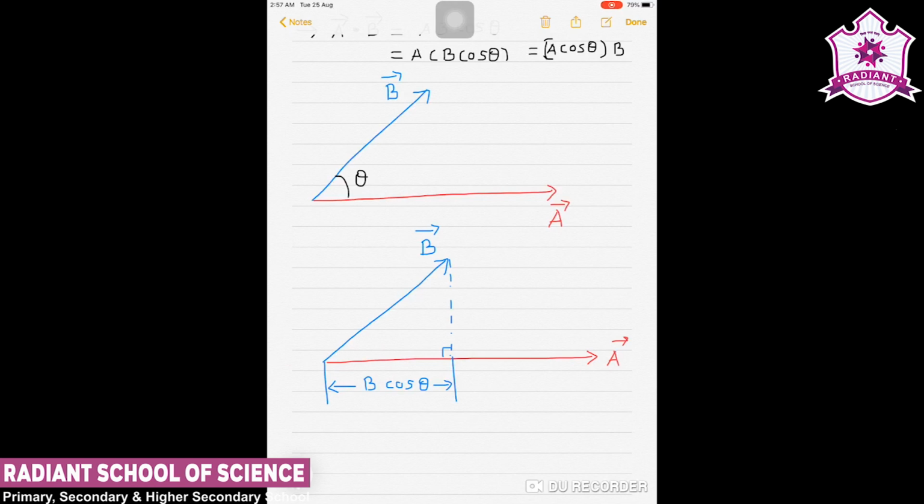So this is nothing special, it is the same thing. If theta is the angle between vector a and b, then this is written as a dot b, pronounced a dot b, that is ab cos theta.